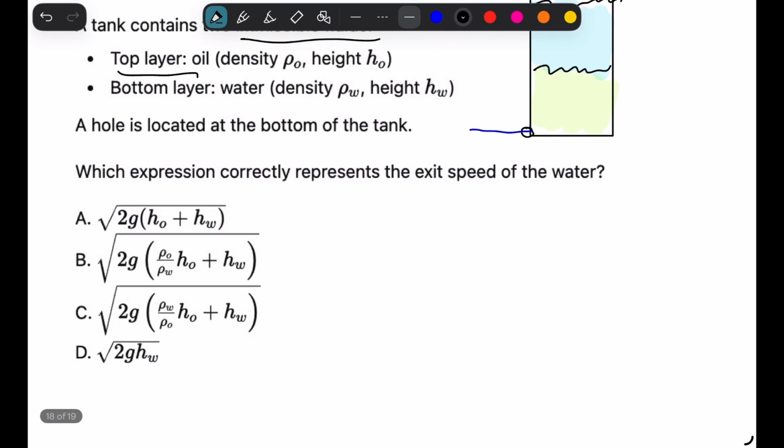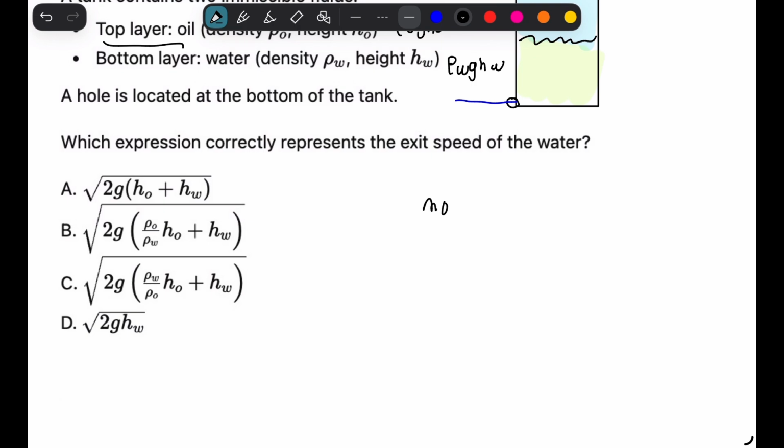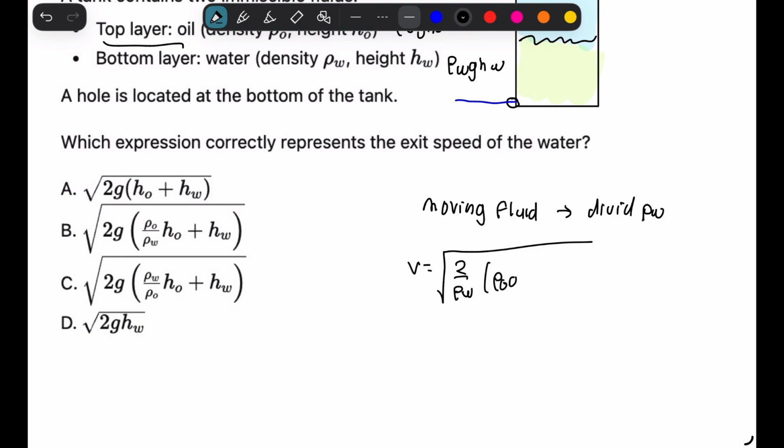What's going to happen is that when you have your oil, your oil is going to contribute rho oil g h oil, and then water is going to be rho water g h of water. So then because we have a moving fluid, you're going to divide by rho water. So V is equal to the root of 2 over rho water times rho oil g h oil plus rho water g h of water.